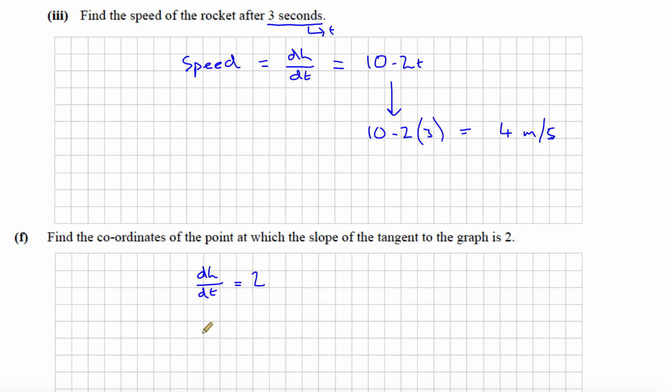So we're going to let dh/dt, which is 10 minus 2t, be equal to 2. And now we're going to solve. So I'm going to bring the minus 2t over again, becomes positive. And this time the 2 will come over to the other side, become negative. So that's going to give me 8 on the left is equal to 2t. So that means that t must be 4, because 8 is equal to 2 4s.